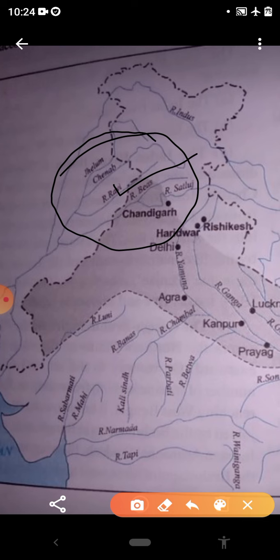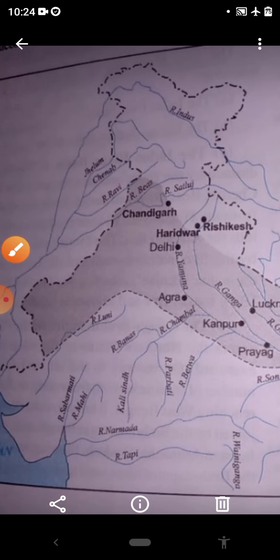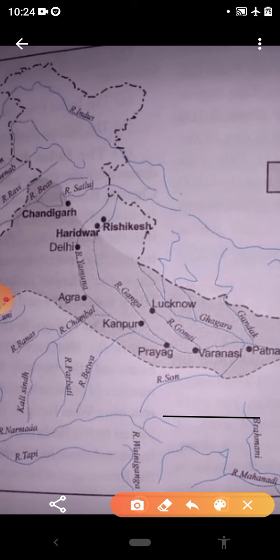After that, we will discuss the Ganga basin, the central part. The central part of the plain constitutes the Ganga basin. So this part is constituting the Ganga basin.